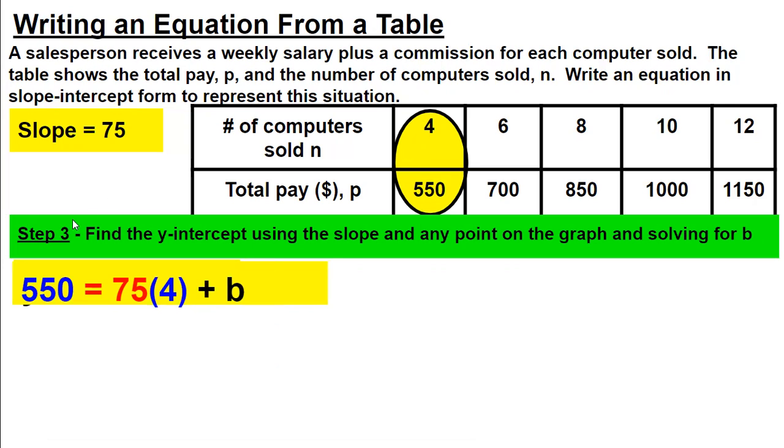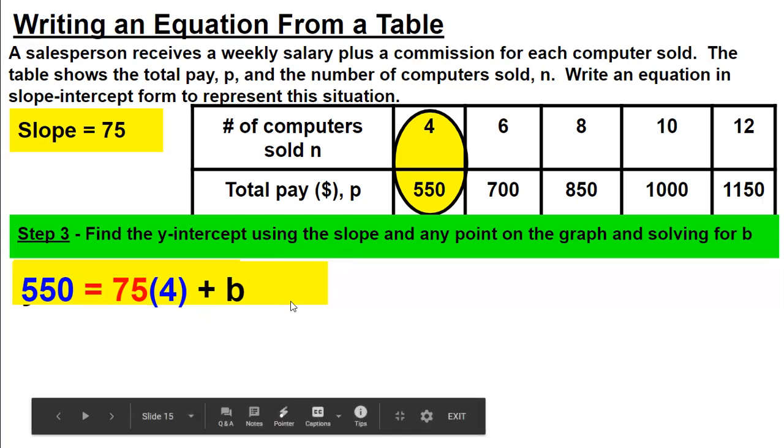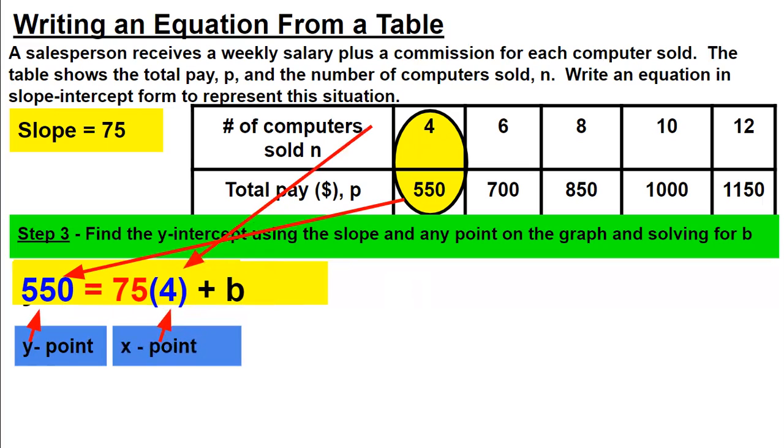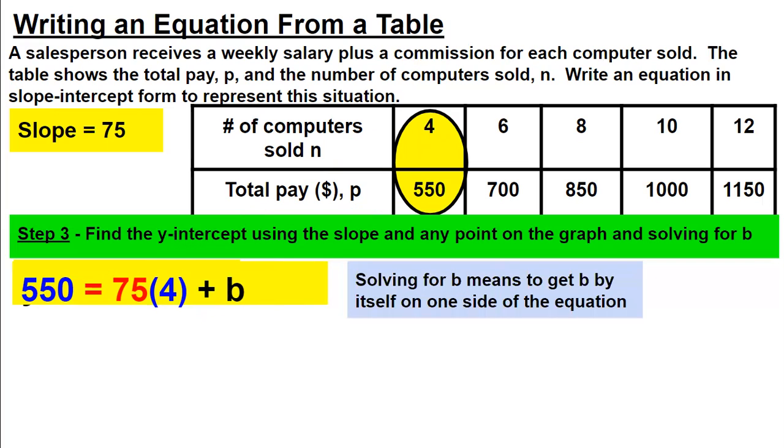So when we plug that in, the y value has now been replaced by 550. This is the slope, and this 4 is the number of computers at the top of the 550 over here on the table. And then we just multiply first. So 75 times 4, there's your y point and there's your x point. 75, and there's your slope, times 4 is 300 plus b, and on the other side, it's 550.